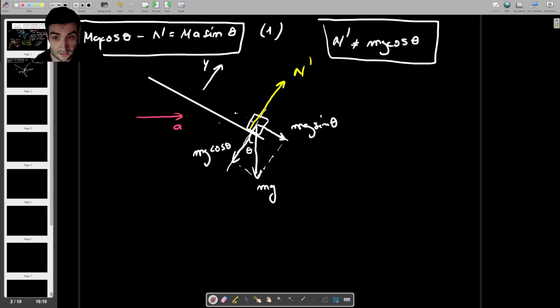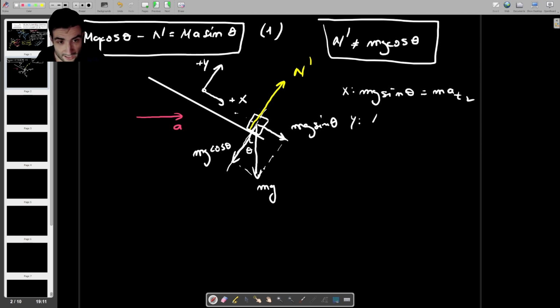So I'm going to make this positive now, again for convenience, and this is going to be also positive like that. So along the x direction, we have mg sine theta equal to m a t2, and then along the y direction, I'm going to have n prime minus mg cos theta equal to m a n2.